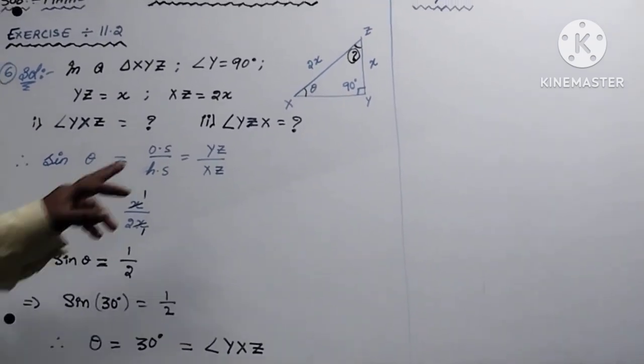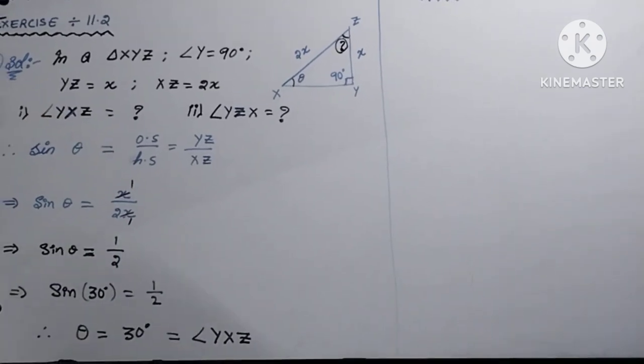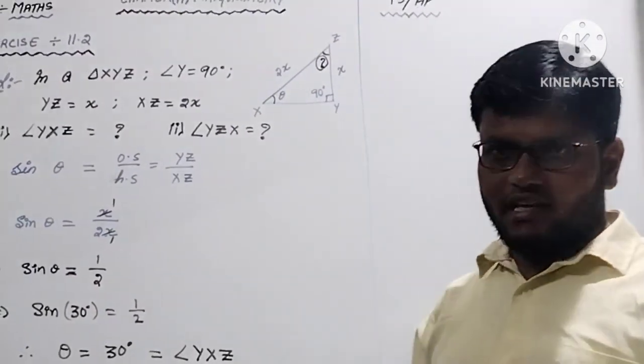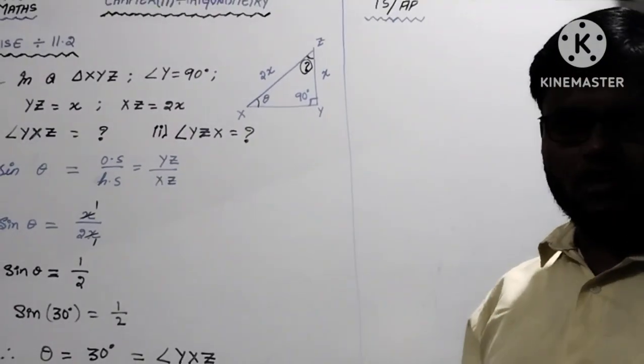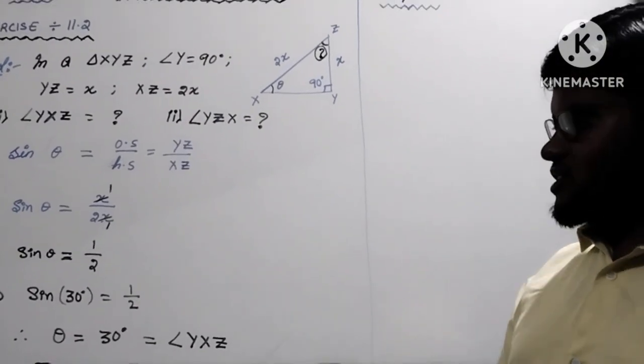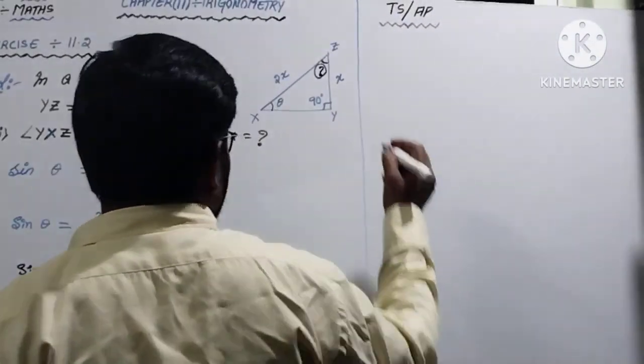The next one is angle YZX. You all know one of the formulas in a triangle: the sum of the three interior angles in a triangle equals 180 degrees. So I am applying that formula now.